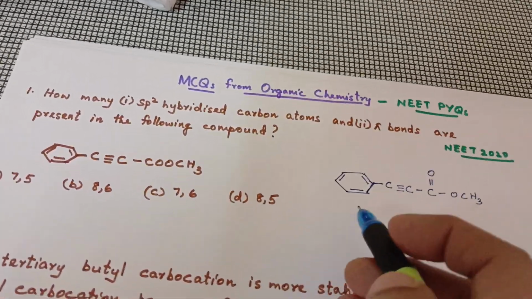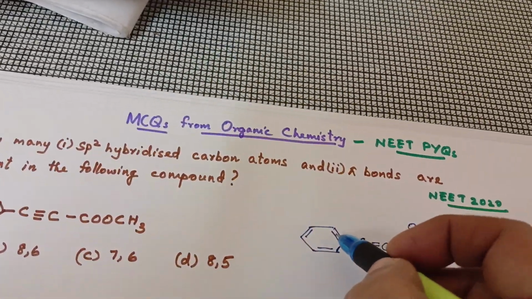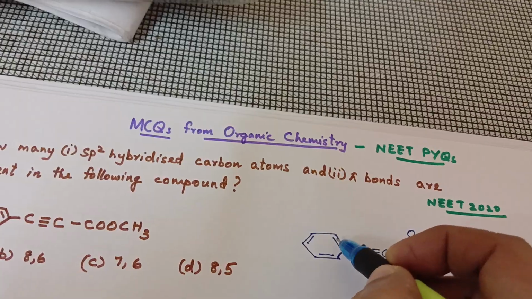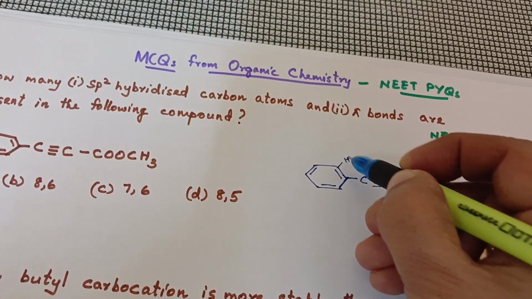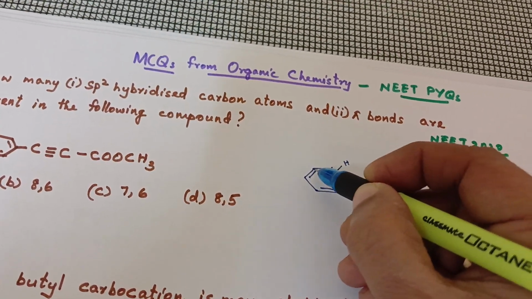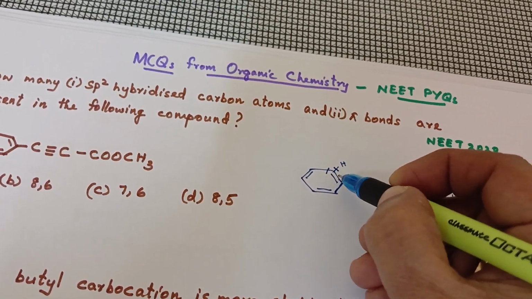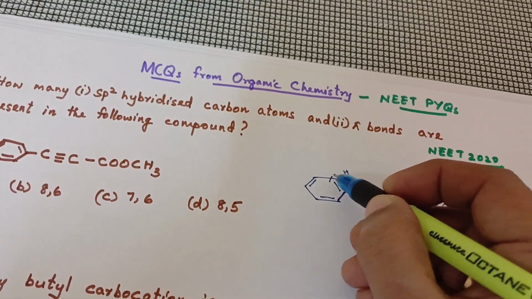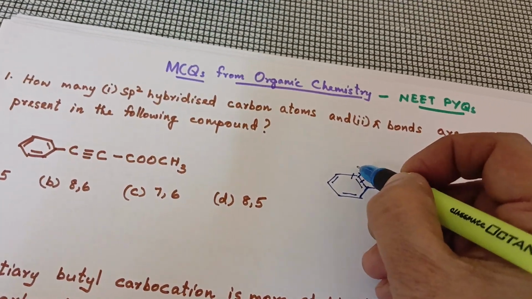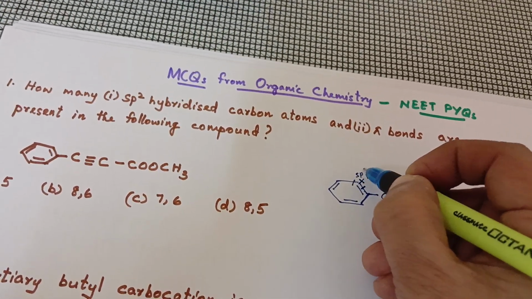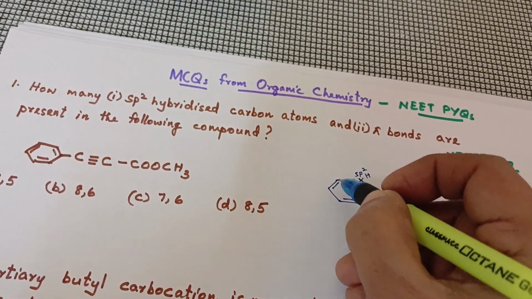So let us count how many such bonds are there. In this, let's take this carbon. There is a hydrogen here, and so 1 sigma to this carbon, 1 sigma to this hydrogen, 1 sigma here. So 3 sigma and 1 double bond. So this is sp2 carbon, sp2 hybridized carbon.